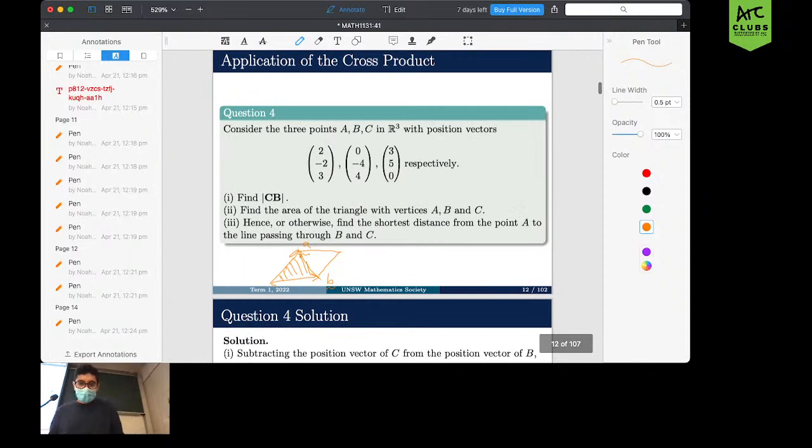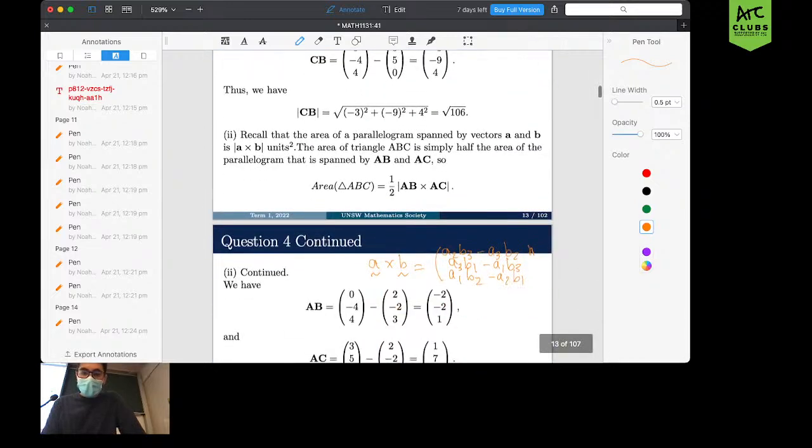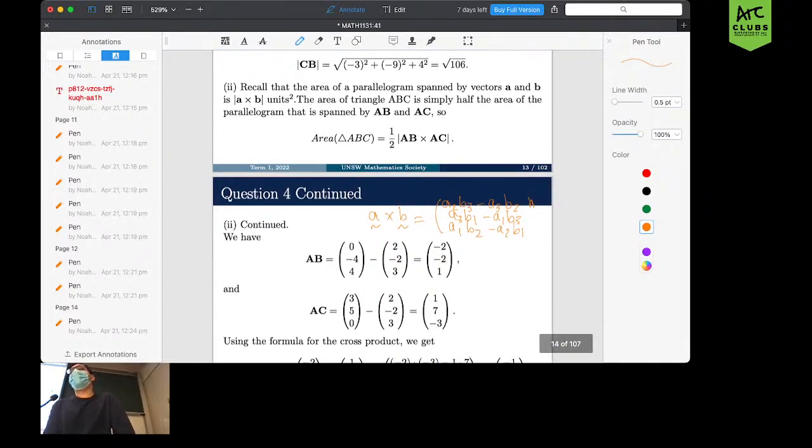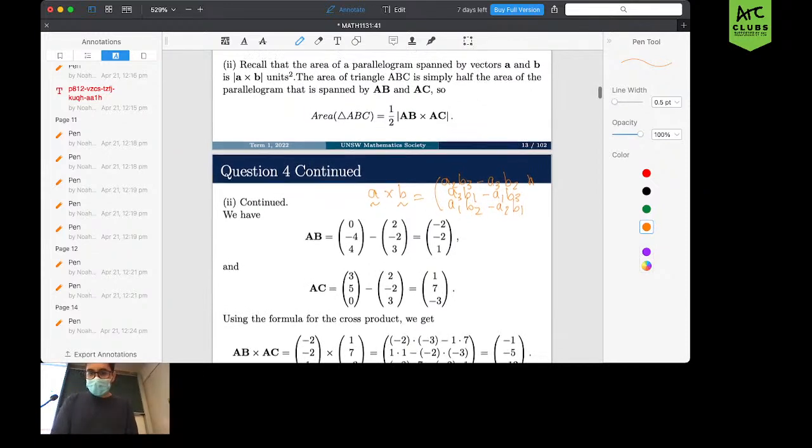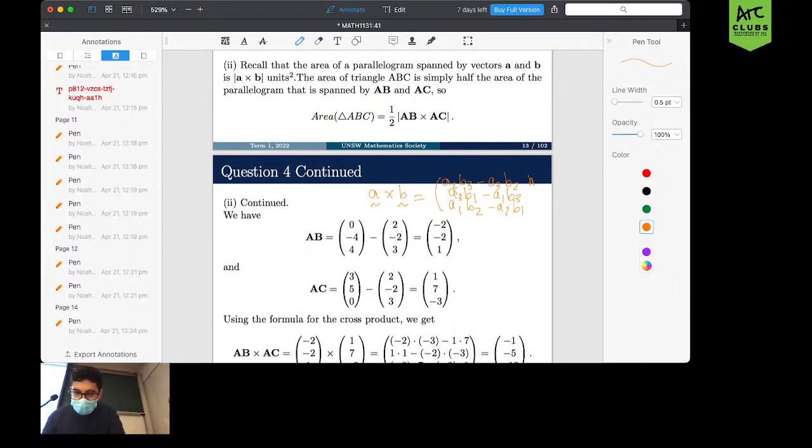Part 3, hence or otherwise, find the shortest distance from the point A to the line passing through B and C. Okay, well, recall that in high school, we learnt that the area of a triangle is half times the base times the perpendicular height. I'm just going to use this space on the right side.